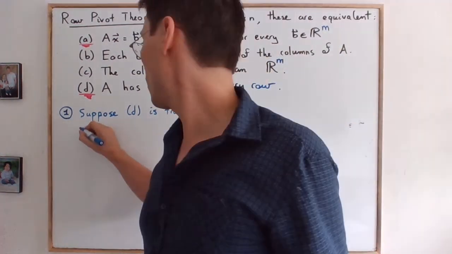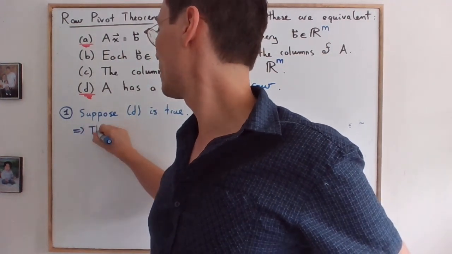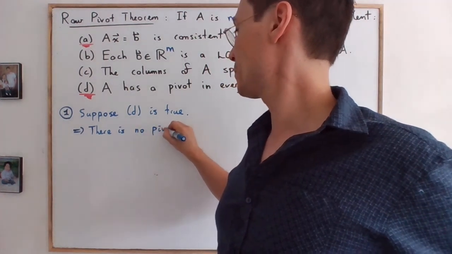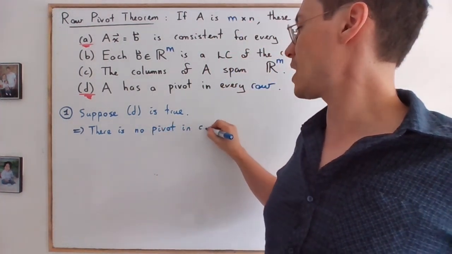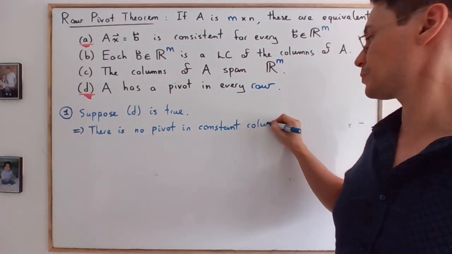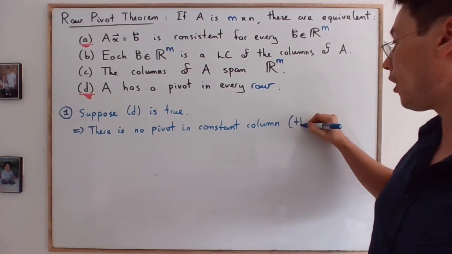So this means that there is no pivot in the constant column. And the reason for that is because they are all in A.